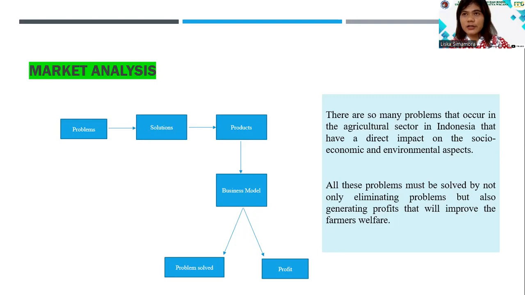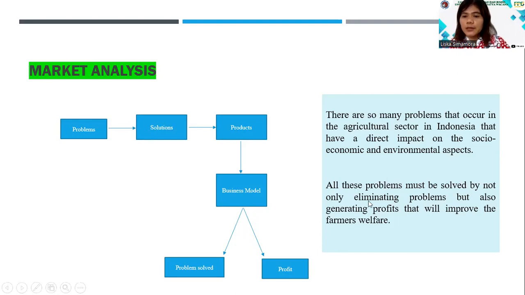Actually, agriculture brings a huge impact, of course positive and negative, to our life, our social, our economic, and also our environment. Here, the impact we are talking about is the negative impact. That is why we call them problems.